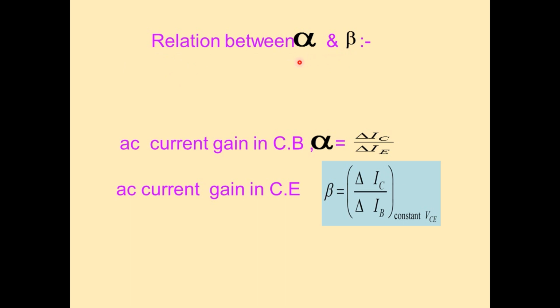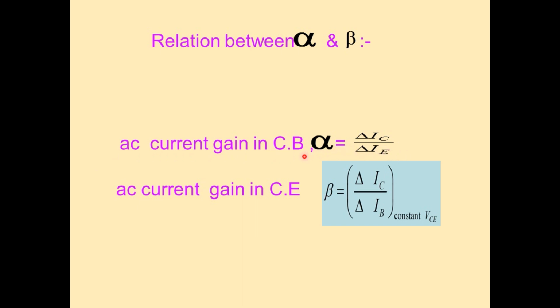So we can derive the relation between alpha and beta. That means current gain in common base configuration and current gain in common emitter configuration.